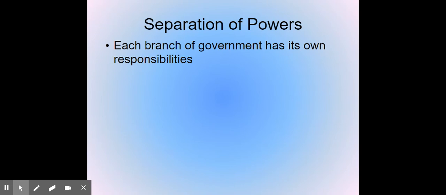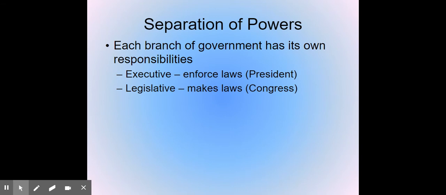Okay. Then, of course, we've got separation of powers. There are three branches. Each branch has its own responsibilities. Okay. And real quickly, the executive branch, which is the president and his cabinet, its job is to enforce the laws. The legislative branch, which is Congress, those two houses, the House of Representatives and the Senate, their job is to make the laws.